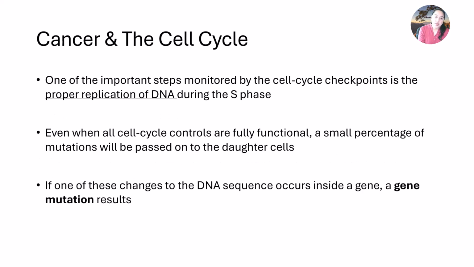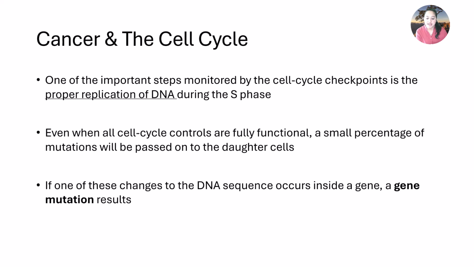Like I said, one of the important steps of the cell cycle checkpoints is making sure that proper copying of the DNA happened, proper replication of the DNA during the S phase. That's a big deal because if that DNA is mutated, depending on where it gets messed up, and it happens to be in a gene that codes for something that takes part in the cell cycle checkpoints and regulation, something that's supposed to help keep the cell cycle in check, now the cell cycle can't be kept in check.